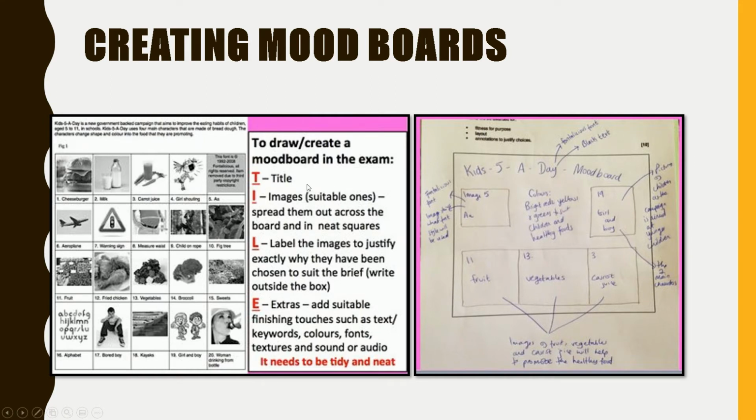Obviously when the students are creating their mood board, they need to have a suitable title, have suitable images, and spread them out across the board in neat squares. As I've said before, they need to label the images, justify why they have been chosen, and link it back to the brief from the examination question.